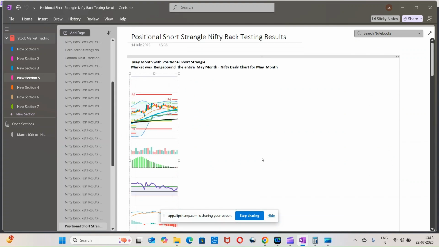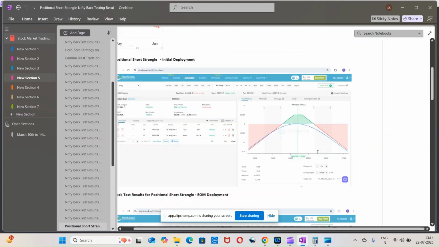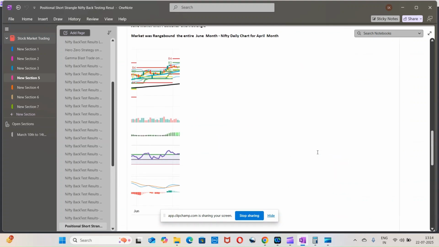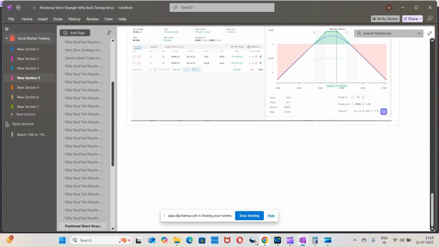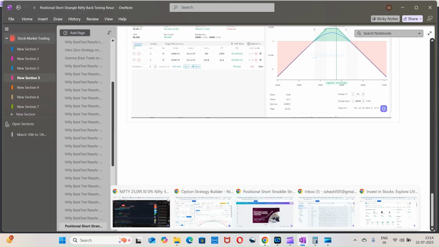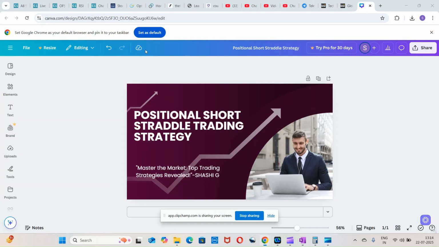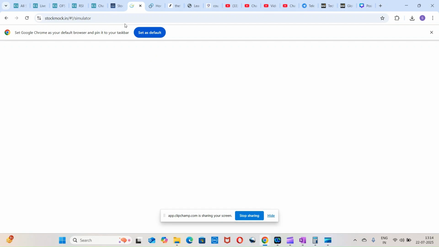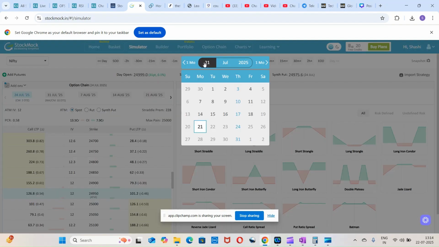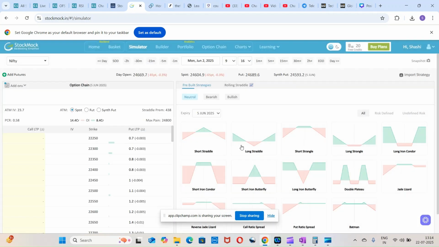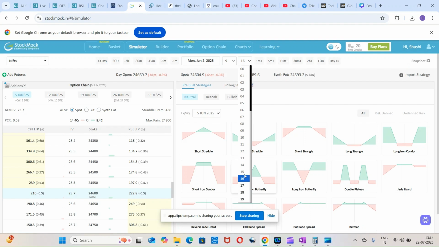So let's see in action what this strategy does for the month of May, and the stock market for the month of May and June. So month of May and June, right? So I'll go to June first. So June, this is July. Okay, so June will go second, around 9:21 will start.